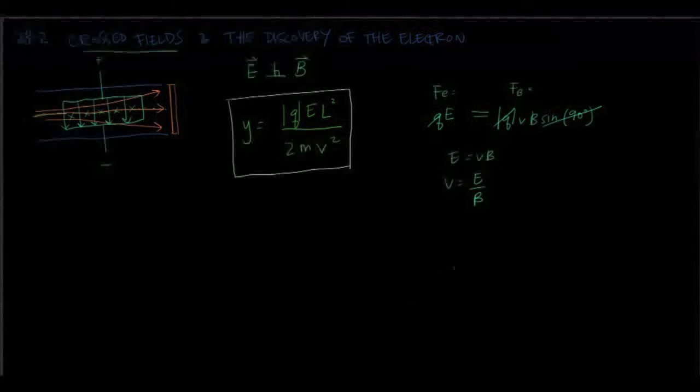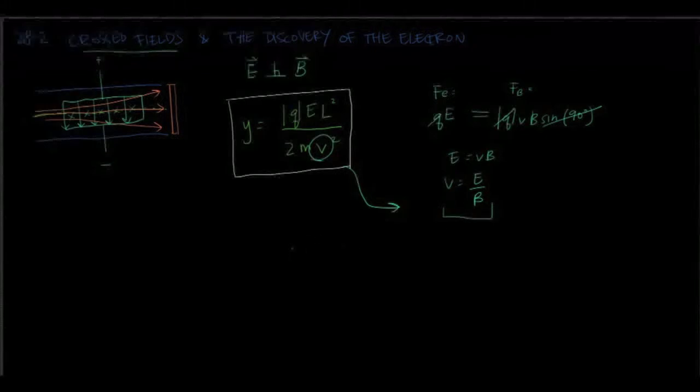And you're like, well, that's pretty good, but that's not good enough. I want to do more. So you connect it with the deflection equation, and you replace the v in that equation with this v that you've just figured out.